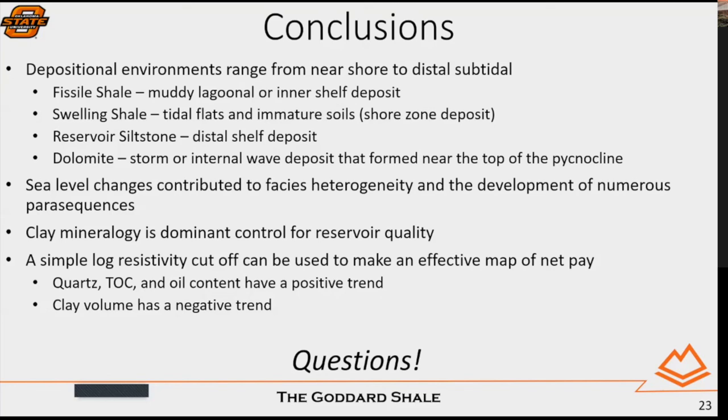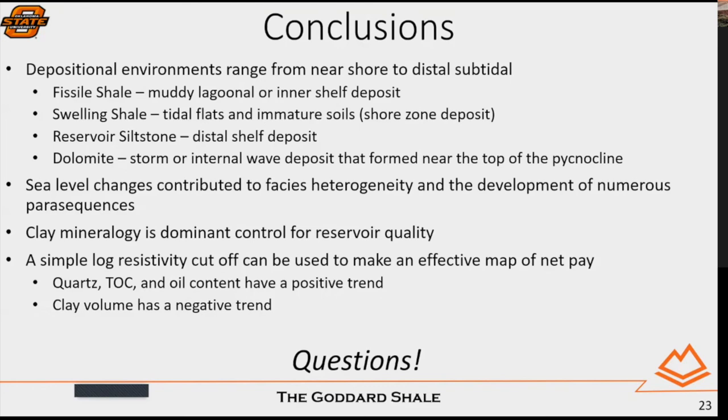Okay, and then I see sea level changes contributing greatly to the facies heterogeneity and the development of numerous parasequences within the unit. I see clay mineralogy as a dominant control for reservoir quality. And then, I really think the resistivity curve is key here, because a simple log resistivity cutoff can be used to map net pay.